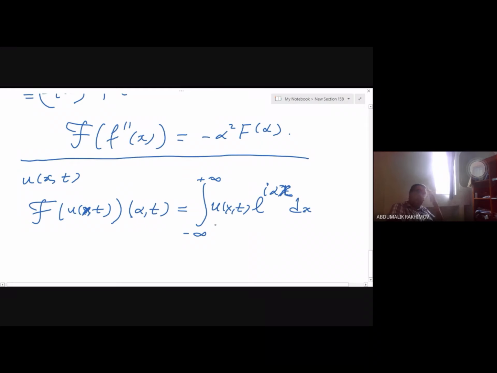So this is the application of Fourier transformation to a function of two variables, but we are applying it with respect to one particular variable, which is x in this case.